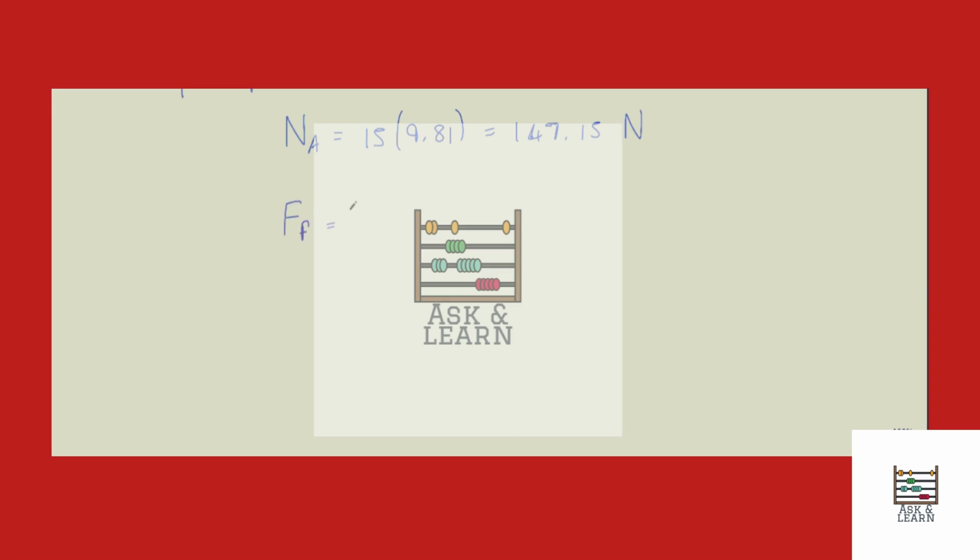The frictional force F is equal to mu k times NA. So this is 0.3 into 147.15. And so the frictional force is 44.145 newtons. Now we can apply the principle of work and energy.